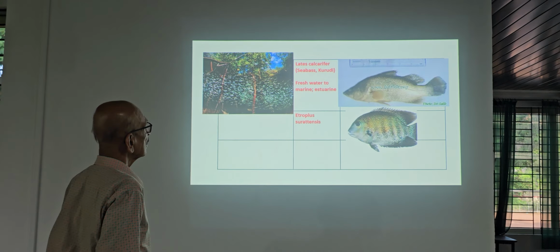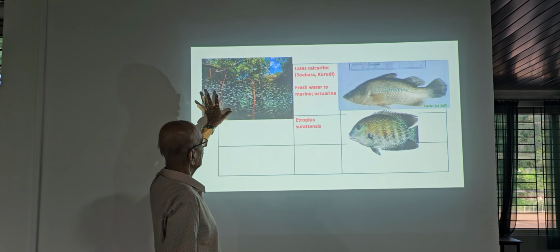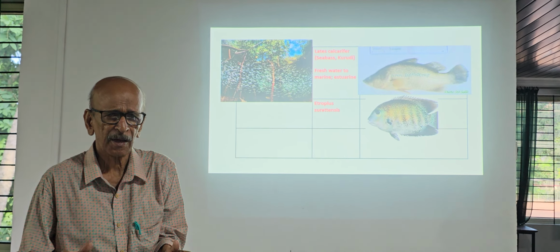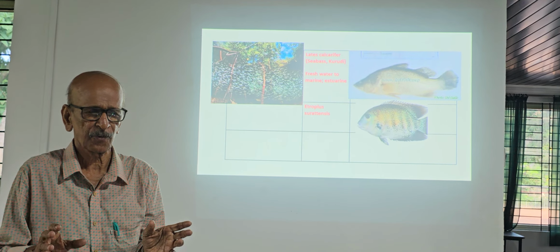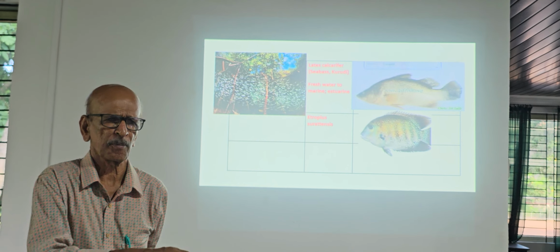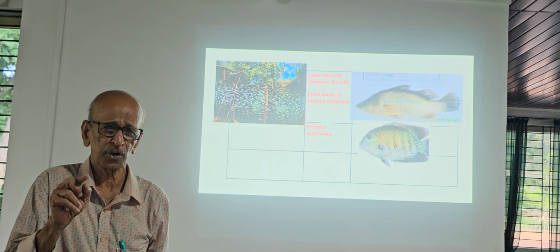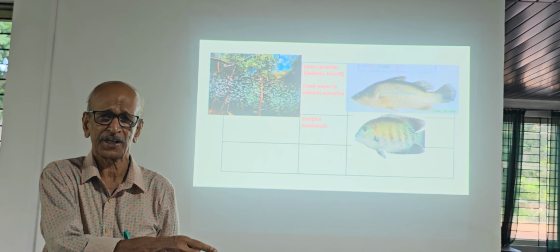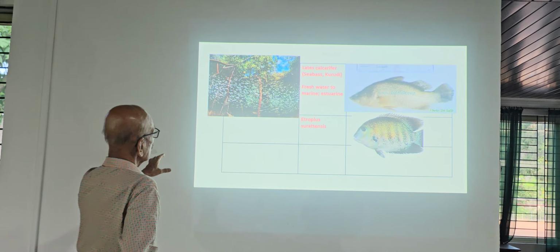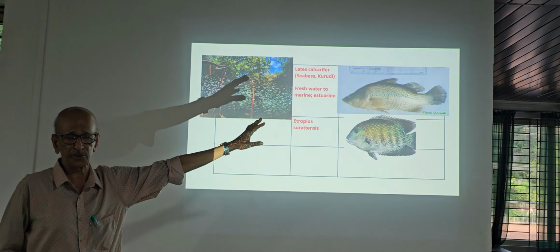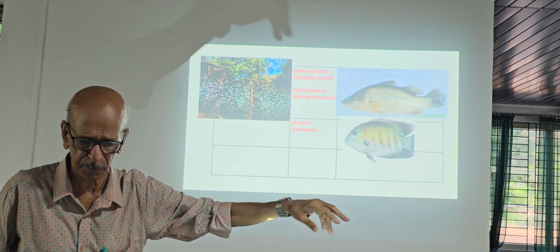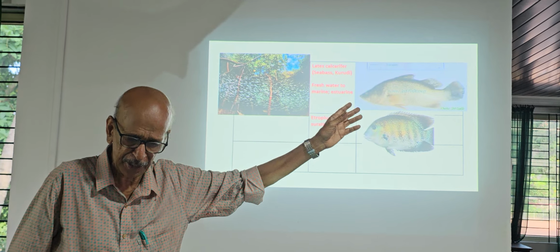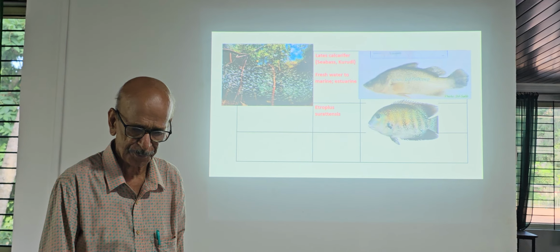Then, this is the same fish, and you find the mangrove areas are a haven, a shelter where a lot of marine fish juveniles, not only marine fish, even marine prawns, the young ones enter into the estuary, and many of them go to the mangrove area in search of food and shelter. They grow up, and then for egg laying and multiplication they go to the marine waters.